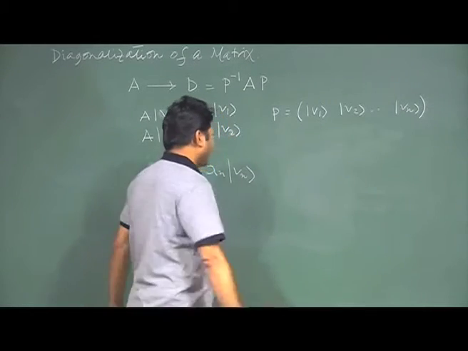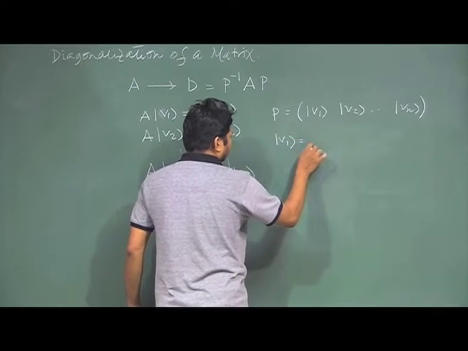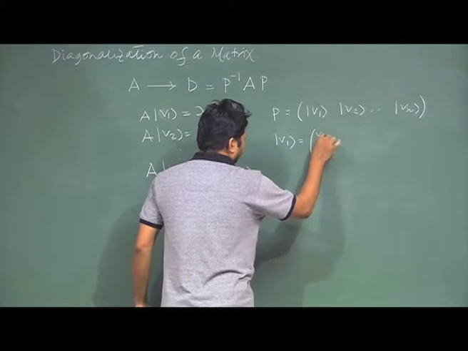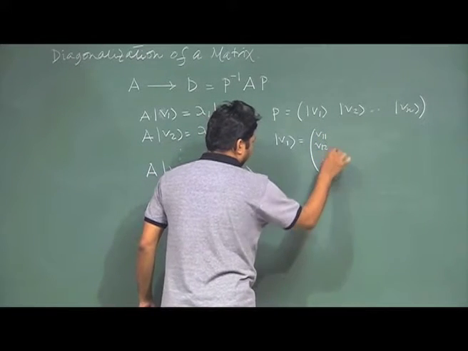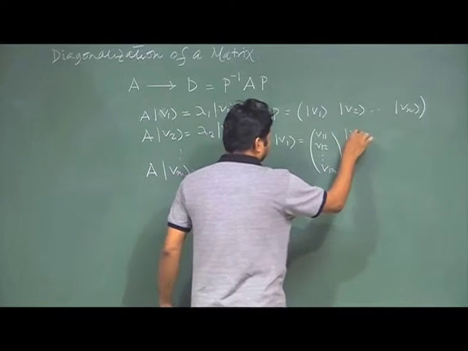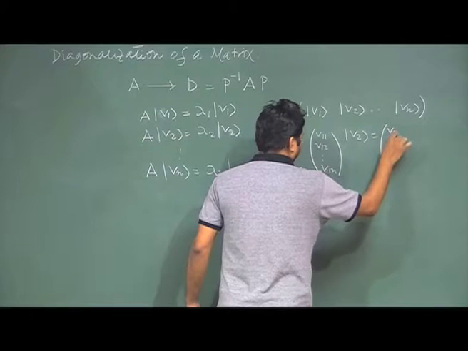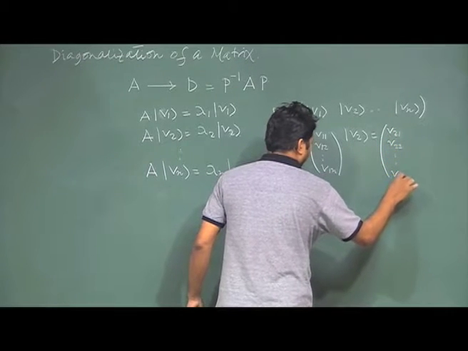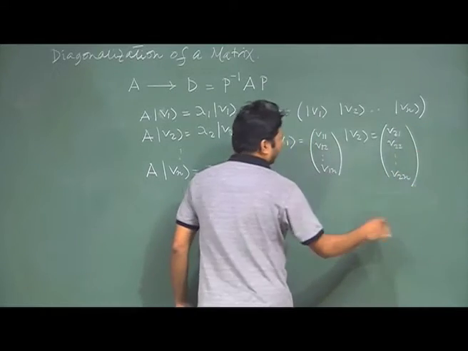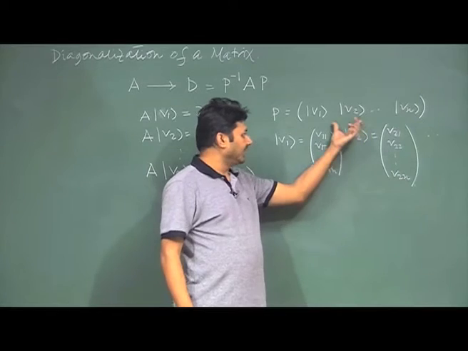Let me explain component-wise: V1 is V11, V12, up to V1n. What is V2? Say V21, V22, up to V2n, and so on.